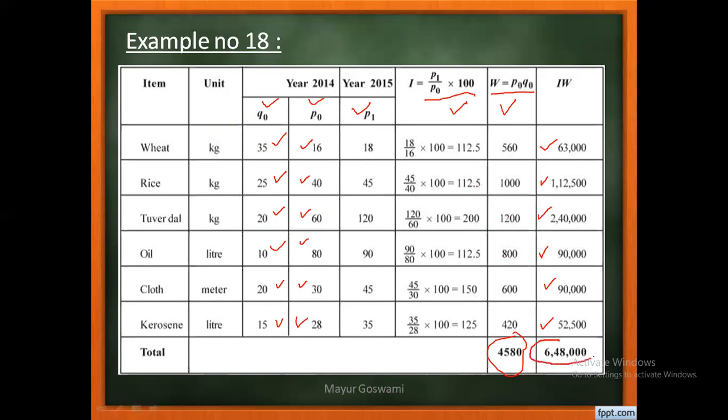So the total, which is called sigma IW, is 6,48,000.